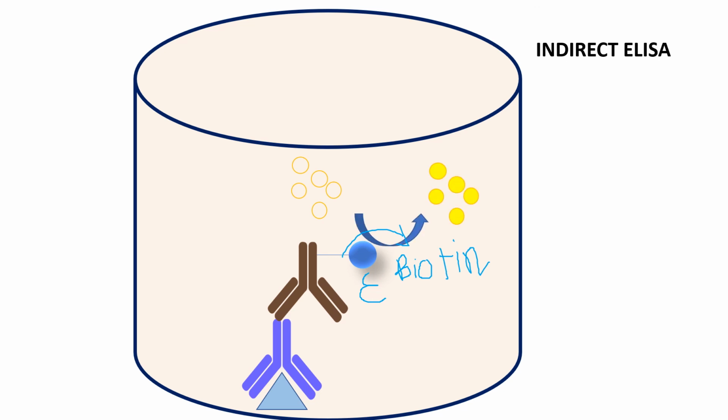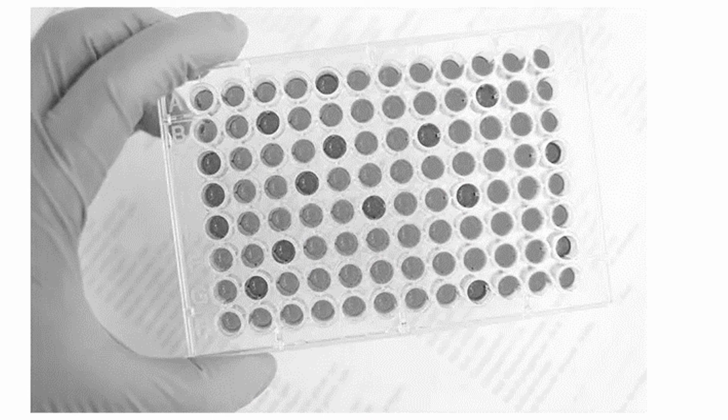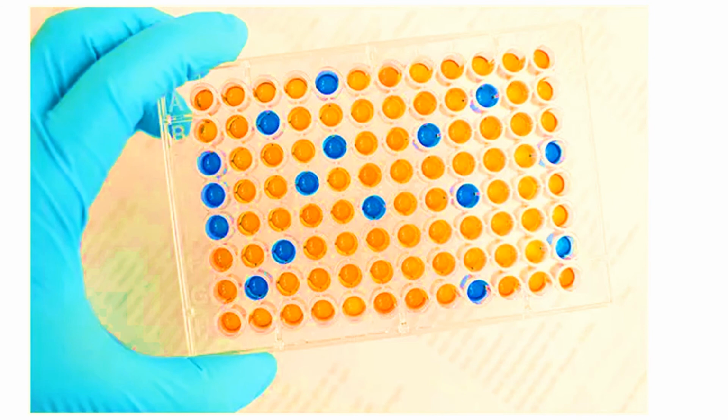You can see the rod-like structure, the thin line, which connects your enzyme and antibody. Then this is your colorless substrate. By the action of the enzyme it gets converted into a colorful substrate, and because of that there is a color change.